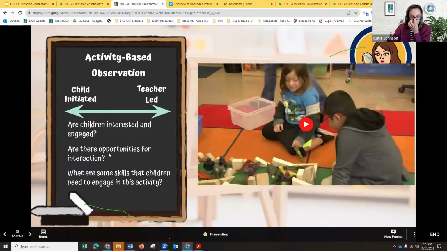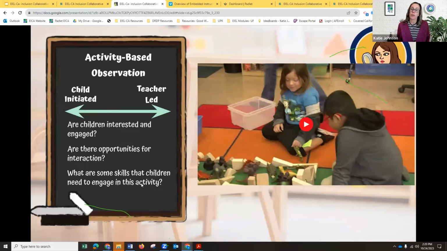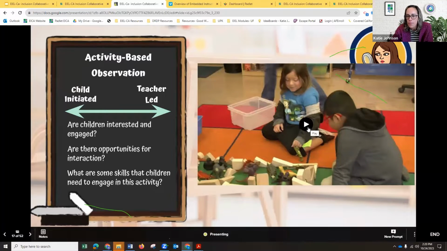Are there opportunities for interaction? And then I want you to think of what are some skills that all children may need to engage in this activity, really focusing on the skills that will help them to engage and participate meaningfully in this activity. Okay, so we're going to watch this video together and then we will talk about that.